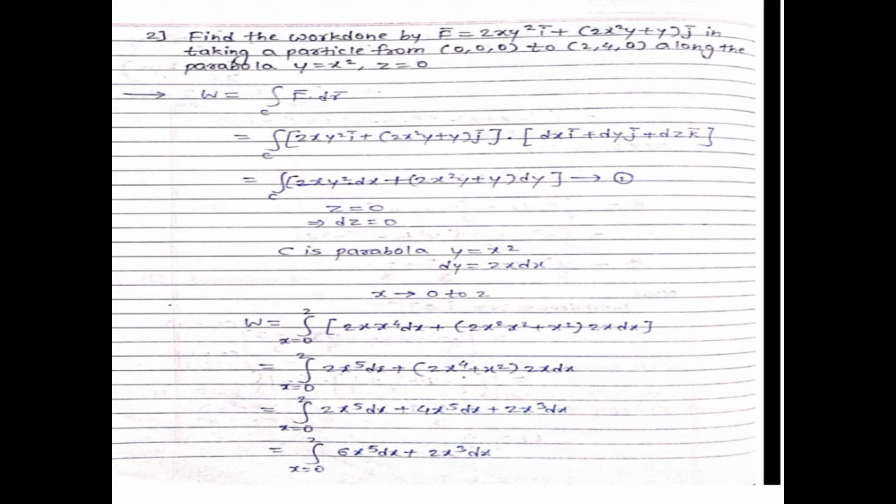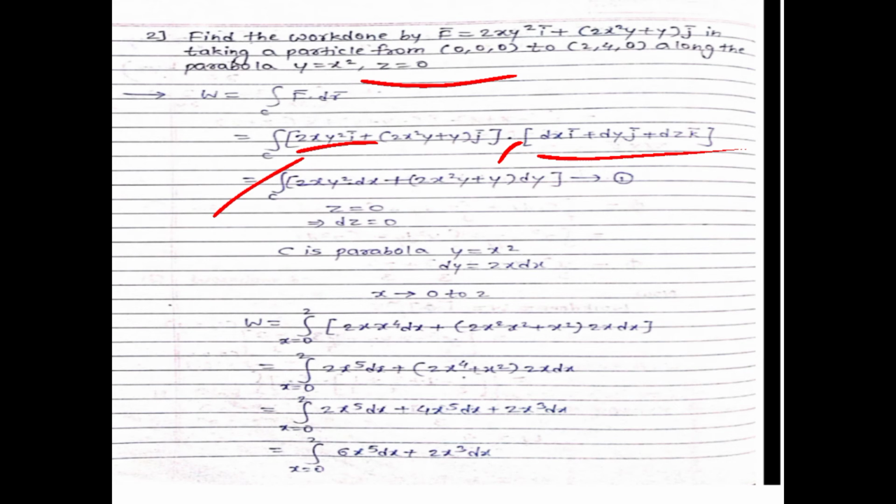So by applying the formula of work done, w is equal to integration over c of F bar dot dr bar. Okay, so we will take the value of F bar, then dot the value of dr bar, and after taking the dot product we will get this. Here one condition is given, the value of z equals 0.